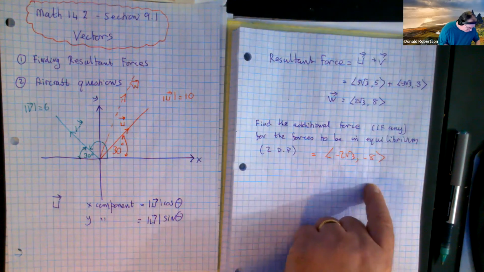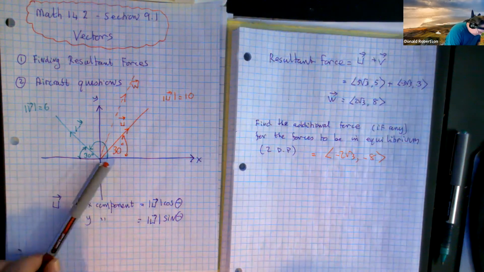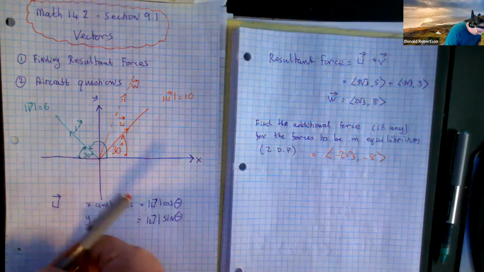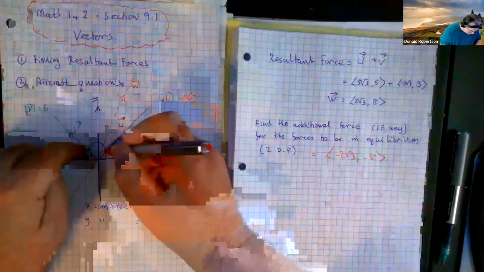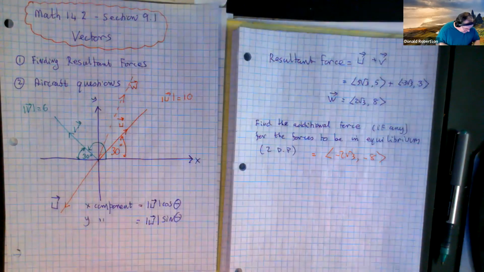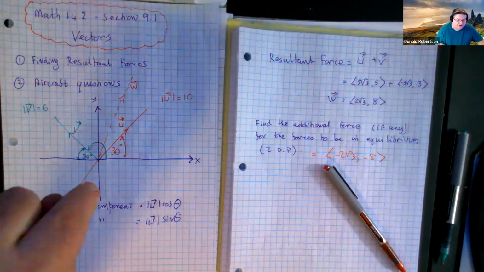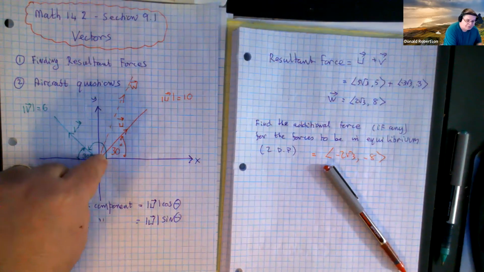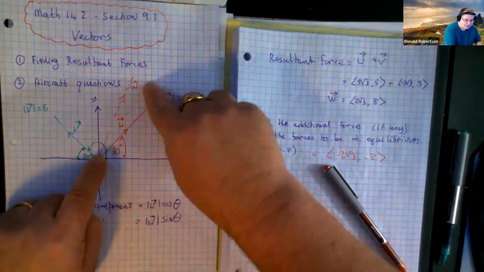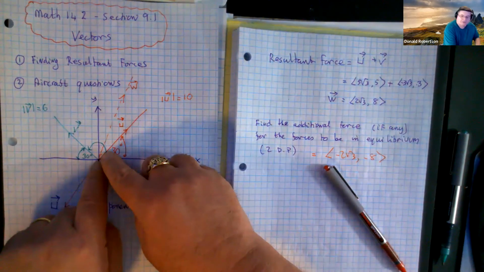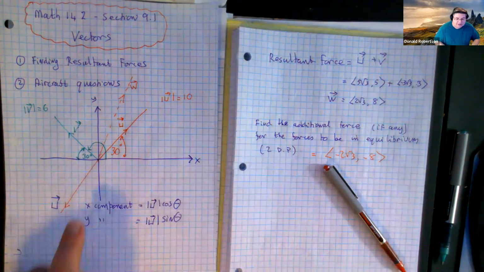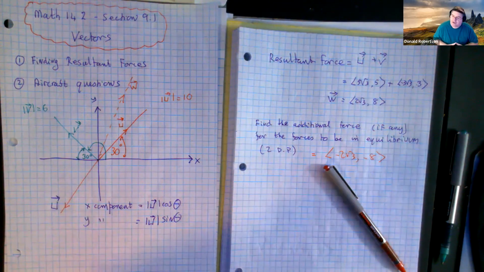In other words, it's like an analogy. Can you imagine a guy standing at the center and there's a person pulling him this way, a person pulling him this way, and a guy down here pulling him this way? Wouldn't this guy, if it was in equilibrium, stay put?